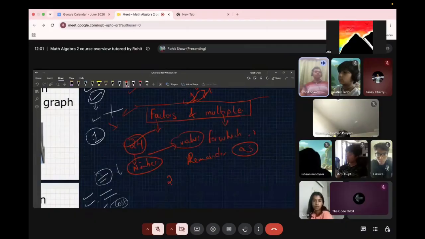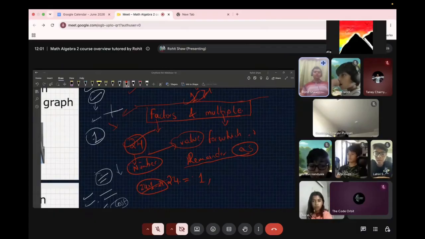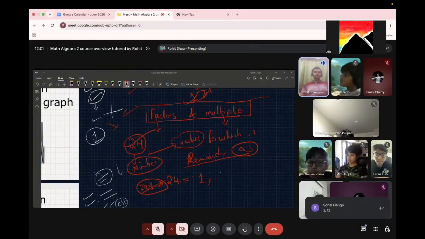So what are the numbers that leave behind remainder 0 for 24? It is 1, because 24 into 1 is 24. So 1 is a factor. Any other number you can think of? Can anyone tell? Unmute your mic.